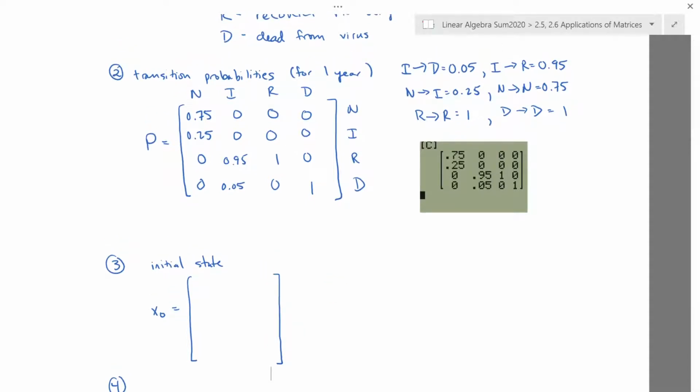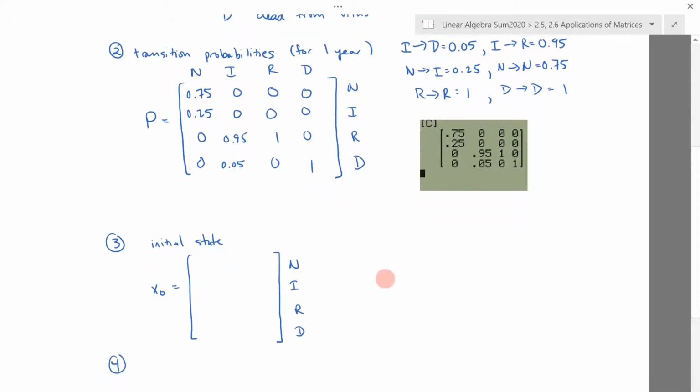And however you've arranged your states previously for the transition matrix should correspond to how you arrange the states for the state vector, right? So my ordering was N, I, R, then D. I mean, the transition matrix could be slightly rearranged, again, depending on how you arrange the different states. Right, so I've arranged the states in this particular way.